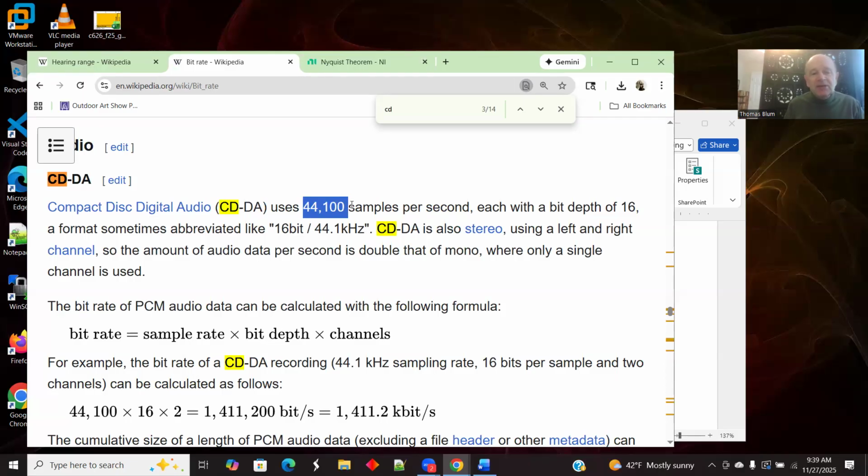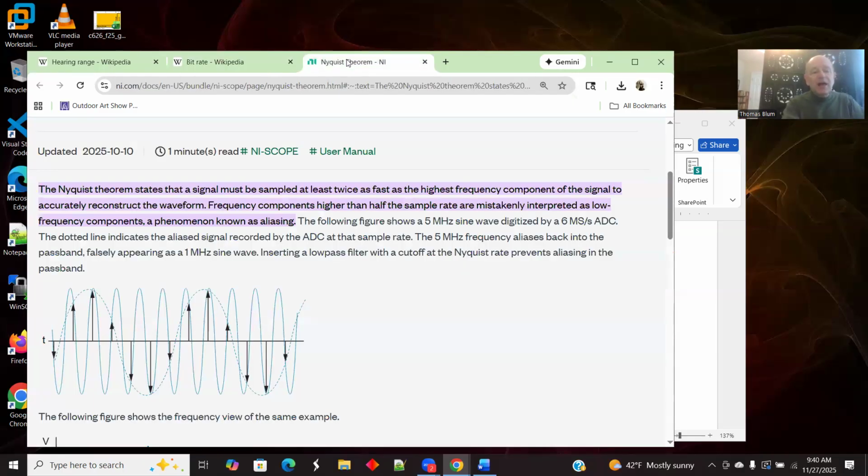And the sampling rate is related to human hearing and Nyquist. So then we move over to Nyquist, and Nyquist's theorem states that the signal must be sampled at least twice as fast as the highest frequency component of the signal, or in this case, the highest frequency component that can be perceived by the audience, in this case originally humans, and then in our case mice.